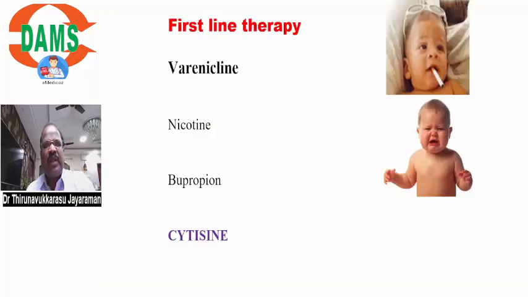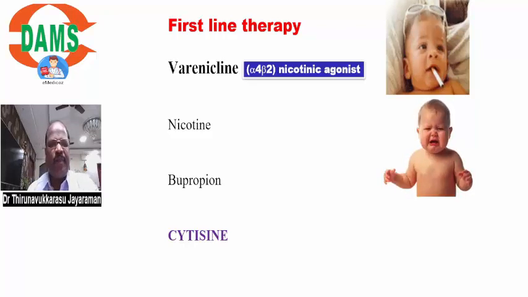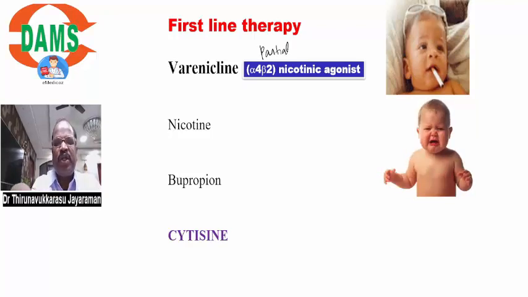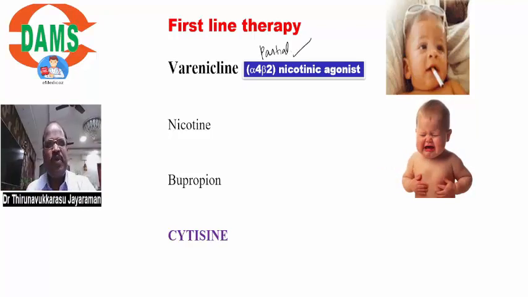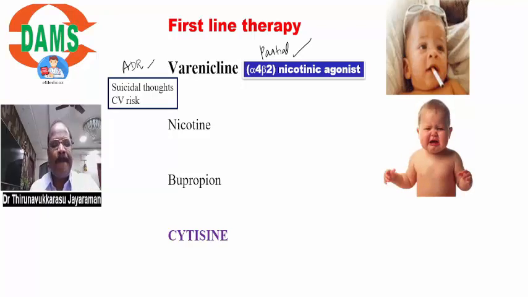The first line drugs useful for control of smoking are varenicline, nicotine, bupropion, cytisine. Varenicline, a partial alpha-4 beta-2 nicotinic agonist, is the most effective drug to control smoking, but it may cause adverse effects of suicidal tendency and cardiovascular risk.